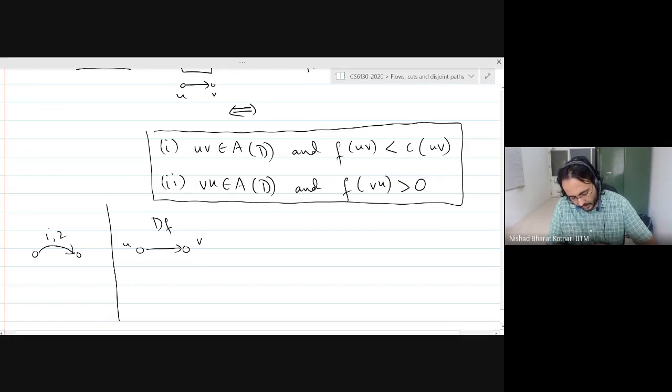The flow was 1 and the capacity was 2. In this case, we will add this arc. But the other possibility is that you had an arc like this, and this was a positive number. And so again, in the auxiliary digraph, you can add the reverse arc. So both of these conditions will lead to an arc like this.